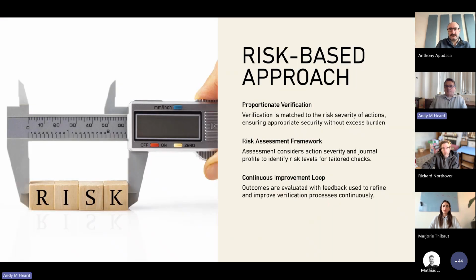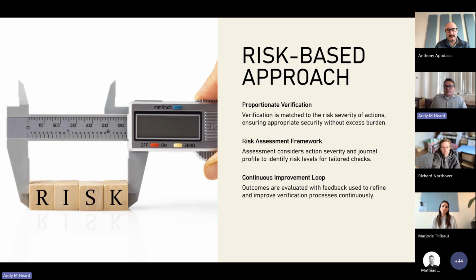So this risk-based approach ensures that verification is proportionate to the potential impact of fraudulent actions. High-risk roles, such as guest editors with decision-making authority, warrant stringent checks. Lower risk actions, like initial manuscript uploads, may require basic verification.